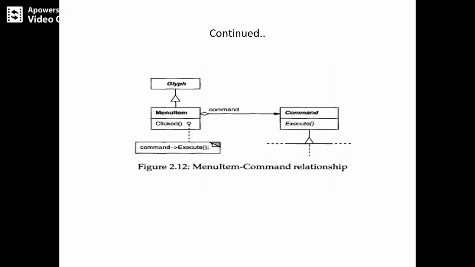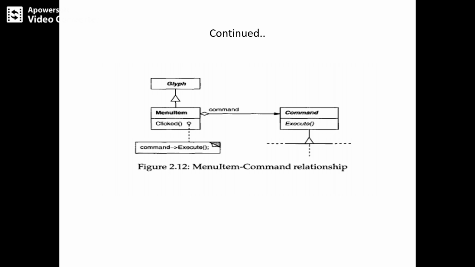When a user chooses a particular menu item, the menu item simply calls execute on its command object to carry out the request.